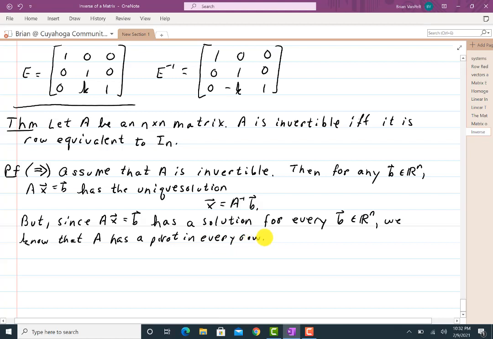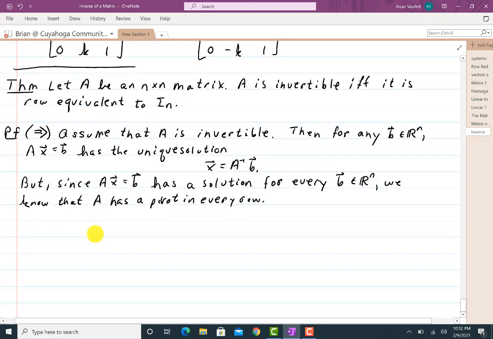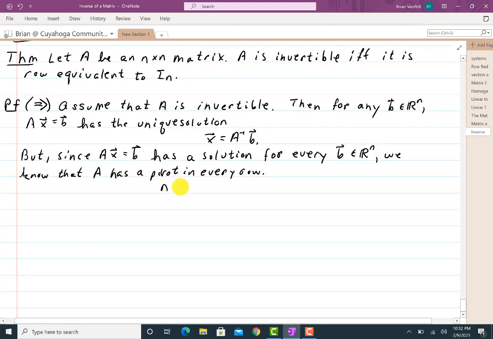Look at 2 videos ago, I think I proved that particular statement right there. So we have a pivot in every single row. Well, let's think about this. N rows implies N pivots.